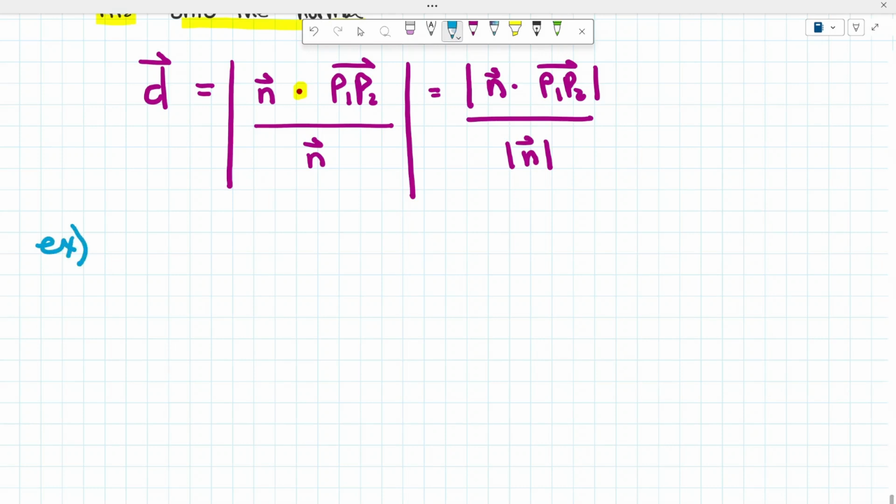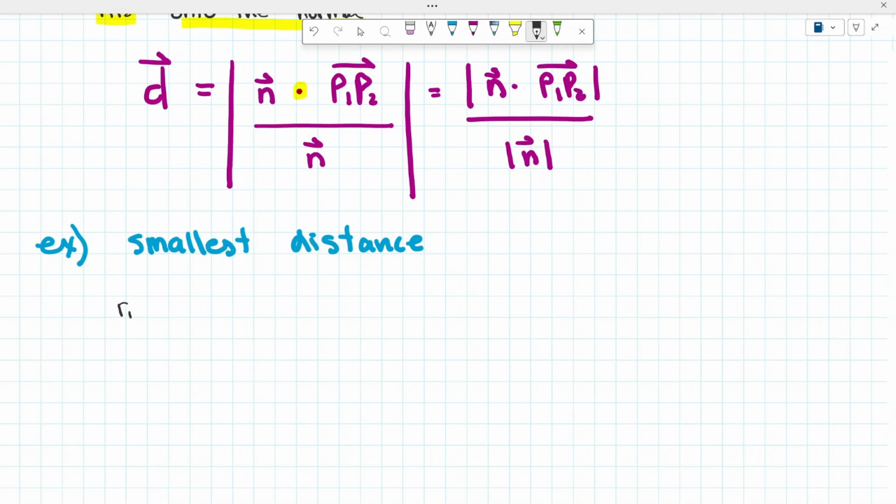So the example says we want to determine the smallest or shortest distance between two skew vectors. So I'm going to write out the equation for our vectors here. I'm going to call this R1.